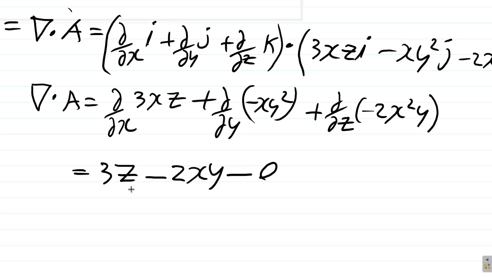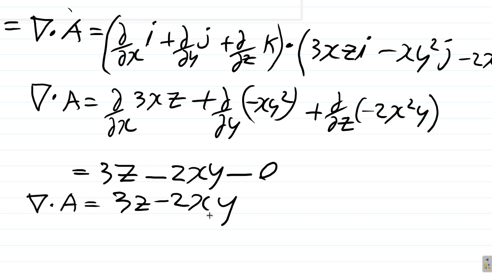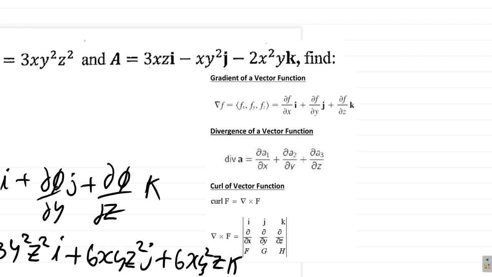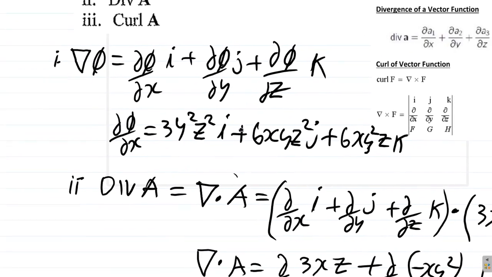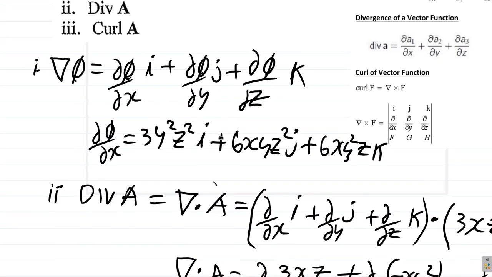So the divergence of A is just 3z minus 2xy. Alright? Now what else happened here? Oh, the curl. You're supposed to find the curl of A. Let's do that in the next video.